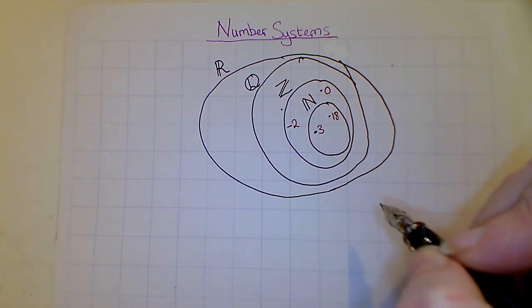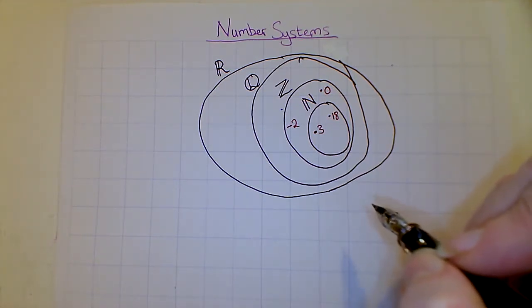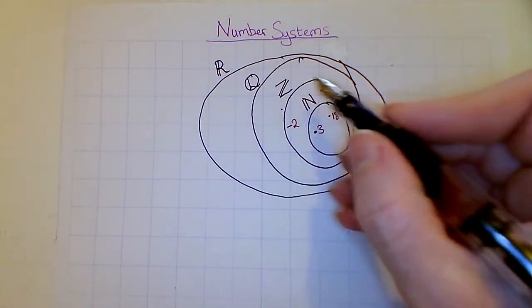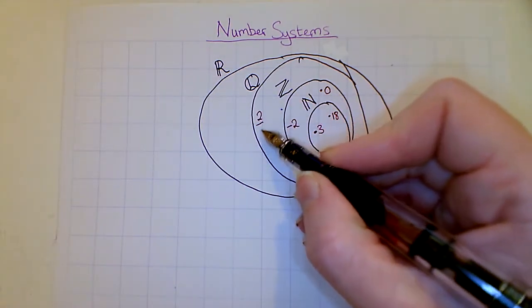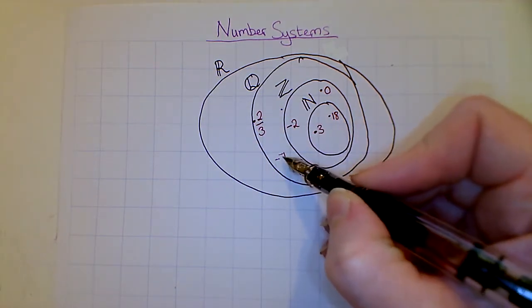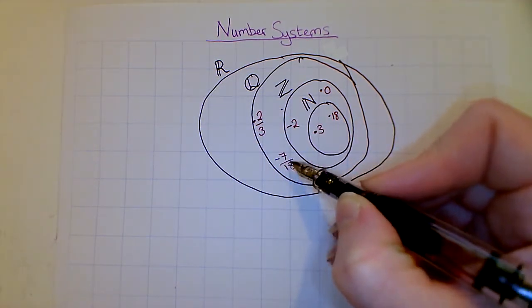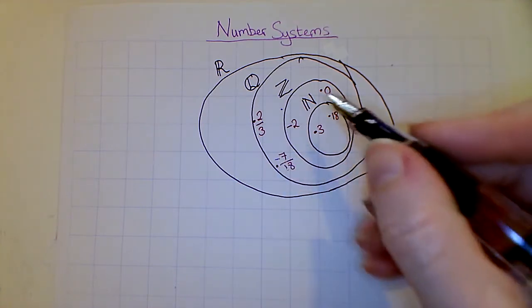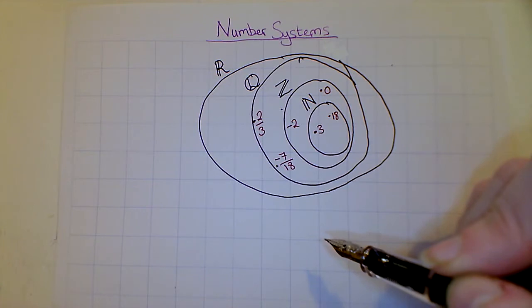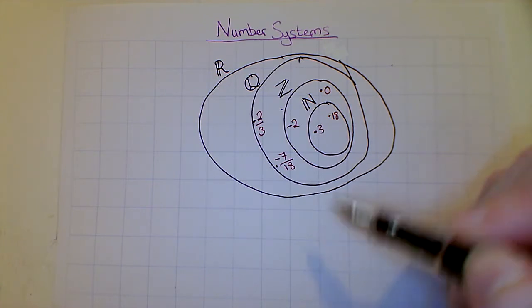So 0 is not a natural number because it's not positive. It's not negative either, but it's not positive. Outside of that, then we have fractions, like 2/3, or even negative fractions, -7/18. And then outside of that, we have numbers which are decimals that can't be written as fractions.